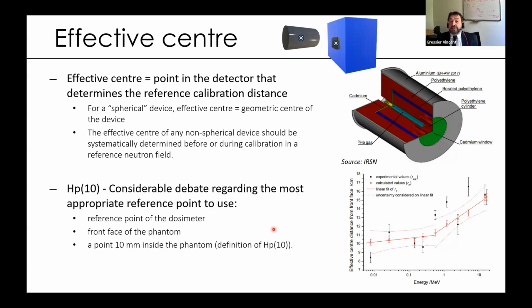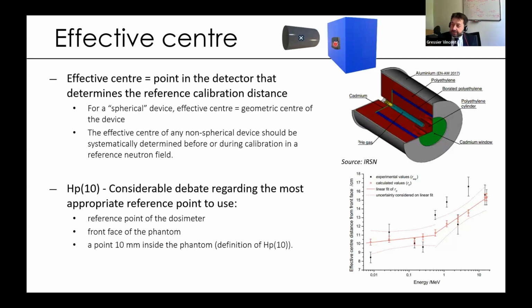And about this part, what is the effective center for a dosimeter placed on a phantom? Today in the ISO standard, it is stated that the reference point to be used is the reference point of the dosimeter.